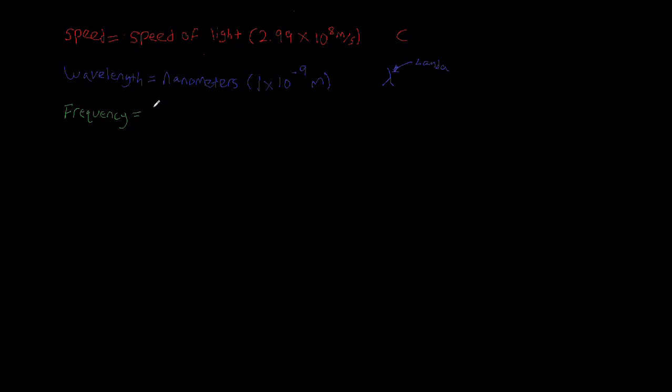And this is typically measured in a unit called cycles per second, or in other words known as hertz. If you're familiar with sound, hertz will be a familiar term to you. And in terms of the variable notation that we use here, you will typically see this, it looks like a V.